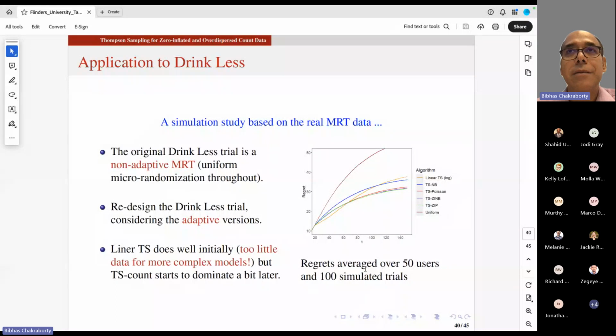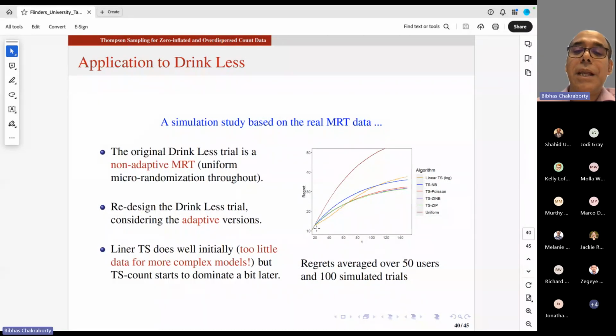How would that take better care of the participants in the trial? So here you see the top line is the uniform randomization, which is the regular one, the one that was used in the trial. But everything else does better in terms of regret.